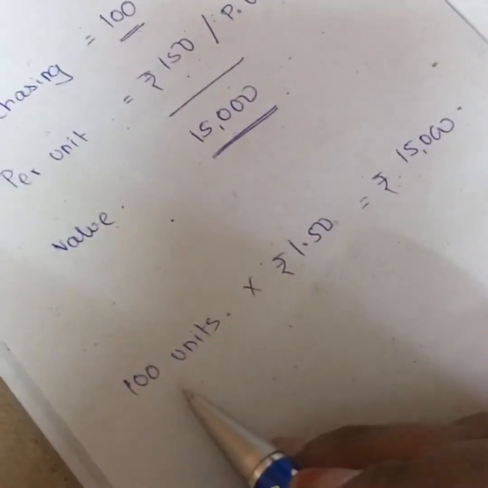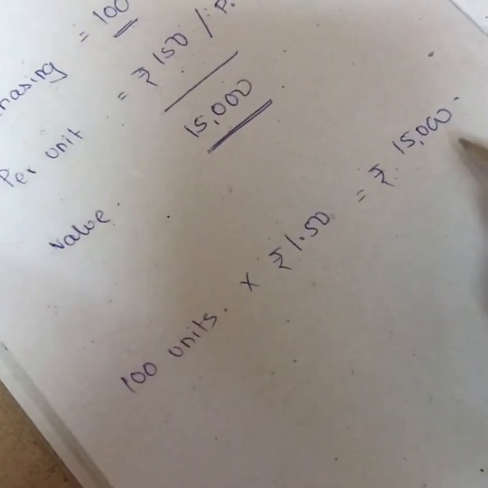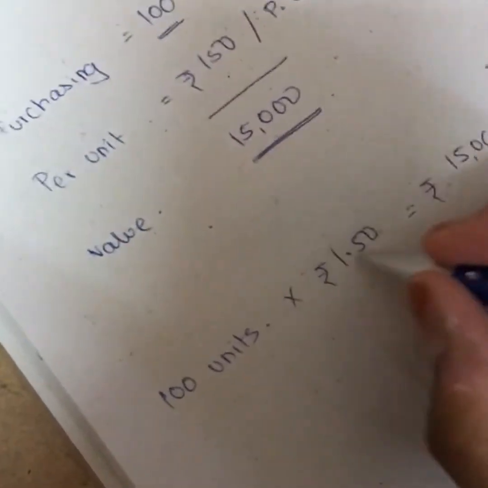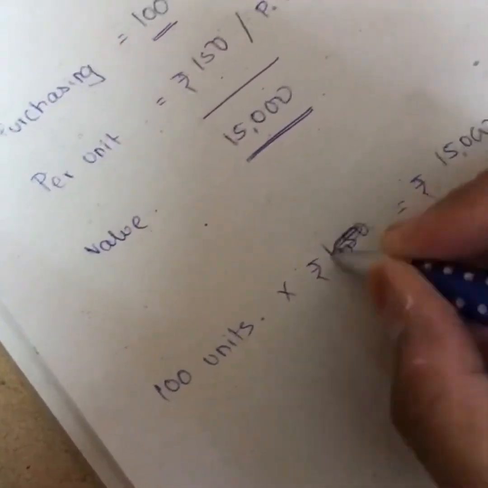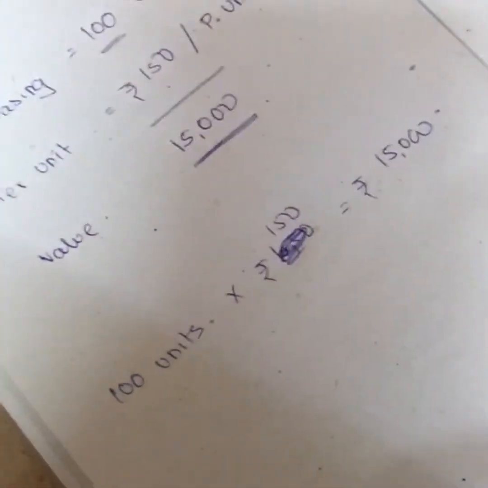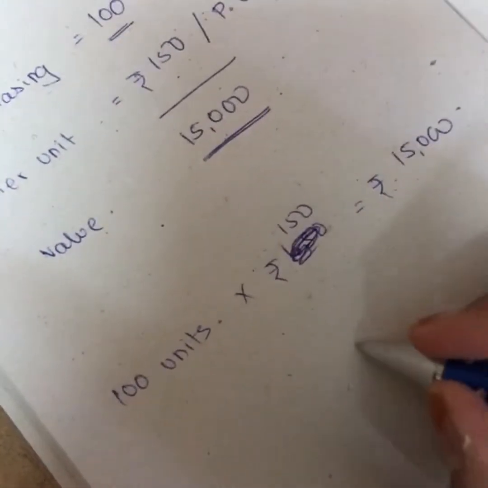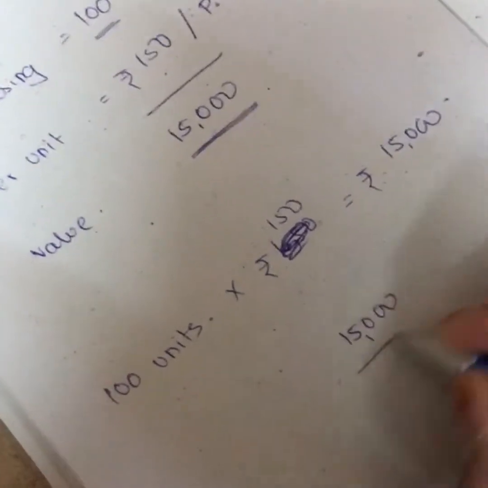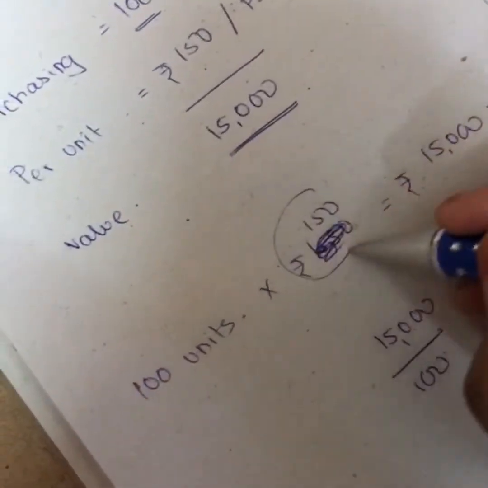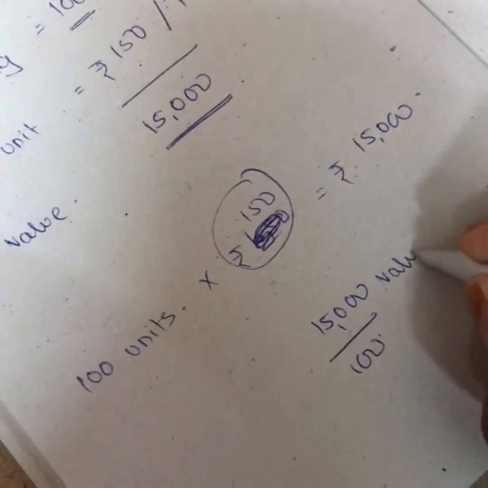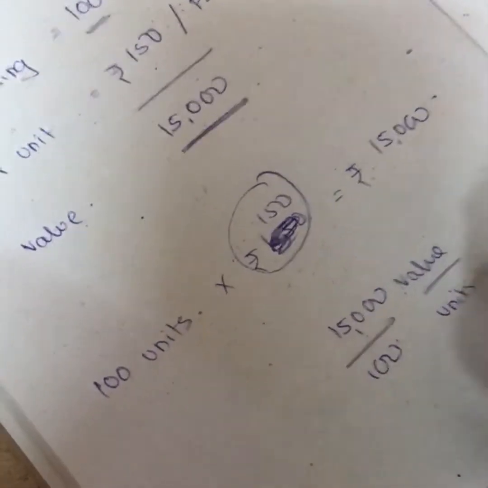So this is units, this is per unit, and this is value. Even if you don't know one of these figures, we can still calculate it. Value, that is 15,000 divided by 100 units, you get 150, which is per unit.